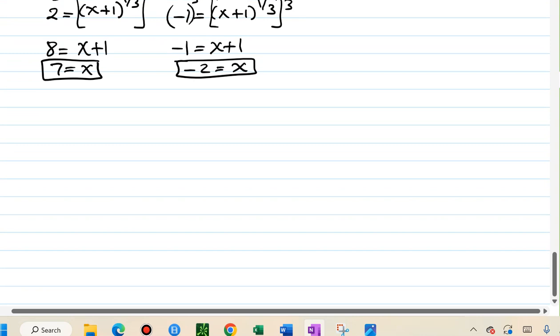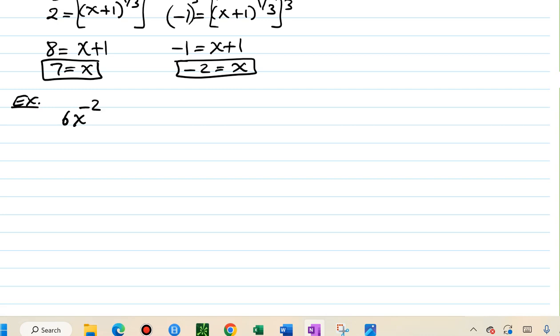Let's take a look at another example. What if this time I'm going to go 6x^(-2) plus x^(-1) plus, let's go -2, -2 equals 0. Okay.